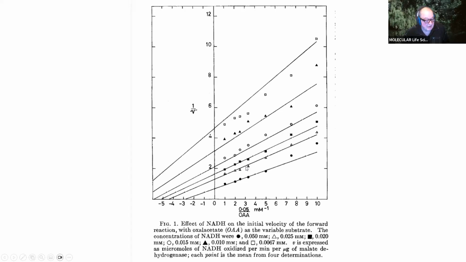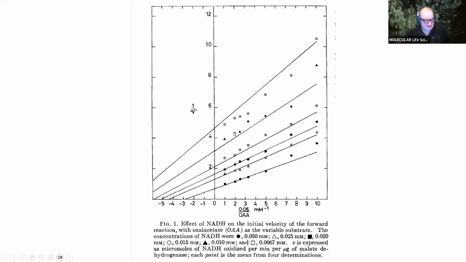Okay, and so they get all of these different lines, different data points at different fixed concentrations of NADH. This is the highest concentration of NADH, and this is the lowest concentration of NADH that they used. Now, if you look at the lines, you go, oh my God, this line doesn't go through any of the data points.